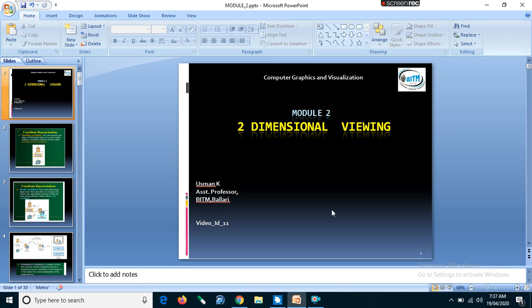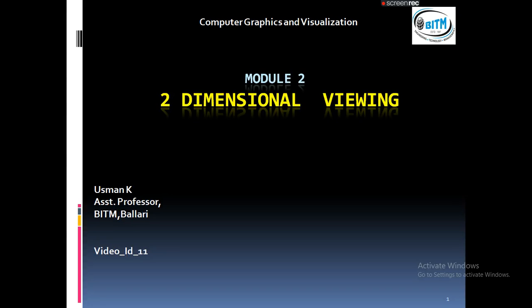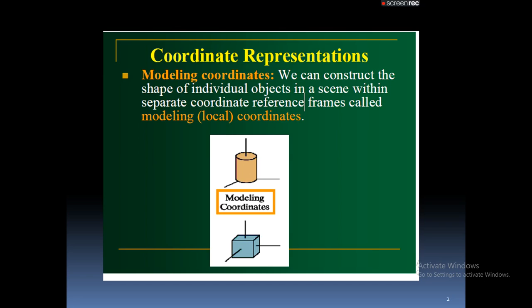First, we need to perform modeling of a given image or object. Once you perform modeling, then we need to perform two-dimensional viewing. So to perform modeling, as we discussed in the previous class, what are the steps and basic concepts we need.